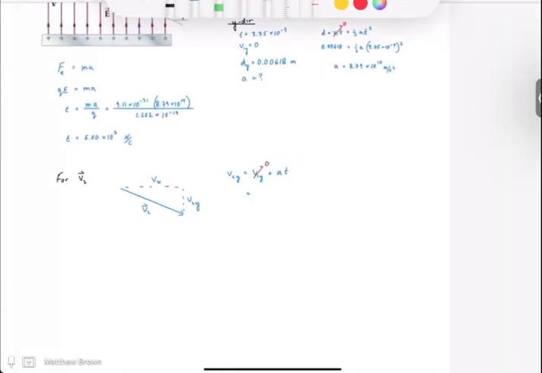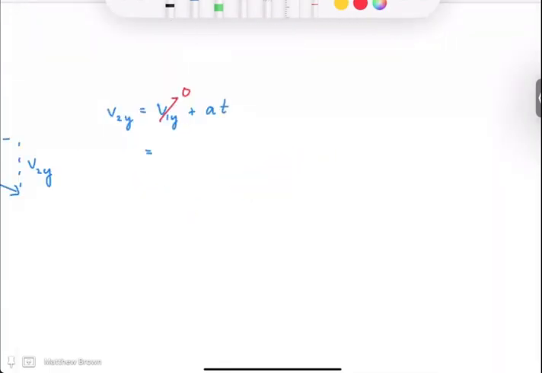And the acceleration I already found, 8.79, and the time was 3.75 times 10 to the negative 9. That gives 3.296.